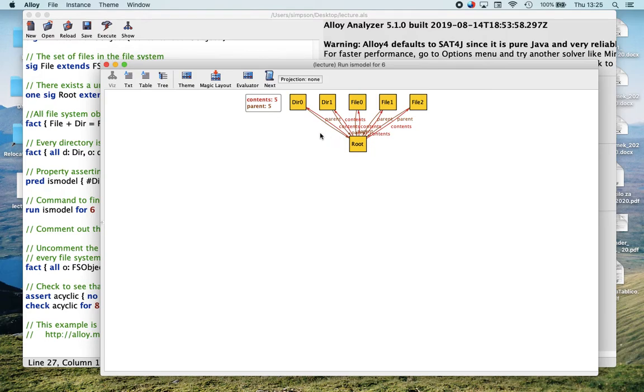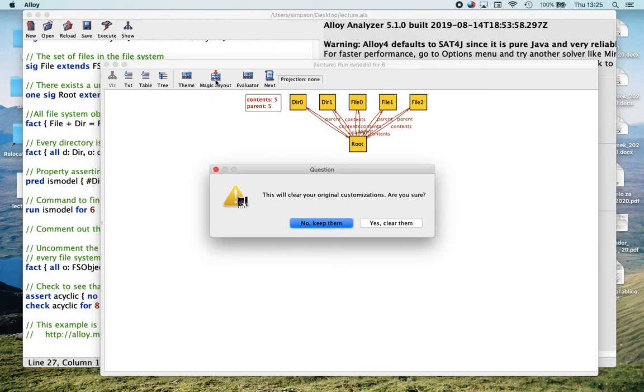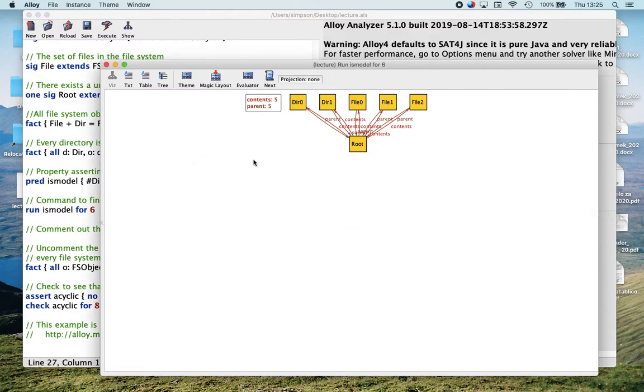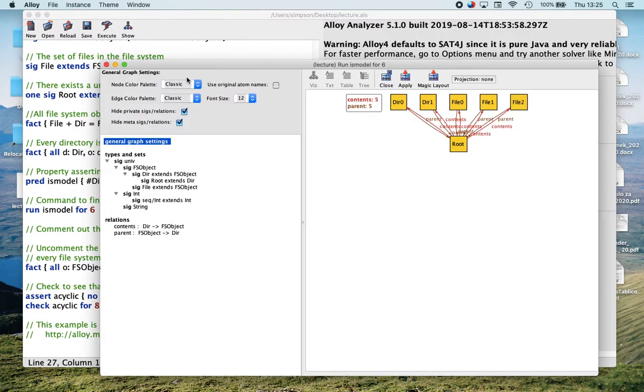So I'm going to hide the parent relation. It doesn't matter which one we hide. I think Theme is the right thing. Okay, good. It didn't seem to work when I was first hovering there.